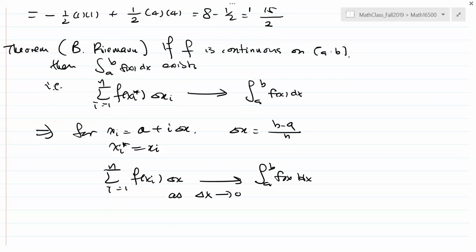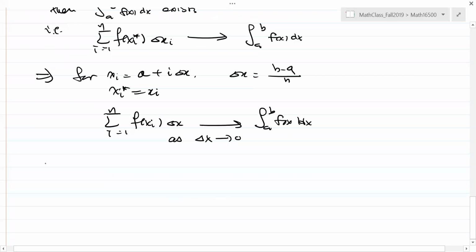Subintervals don't need to have equal size because this is true in general. So why not, in particular, choose a special partition with subintervals of equal size? Because you already know the limit exists, you should still have the same limit, right? Think about that.